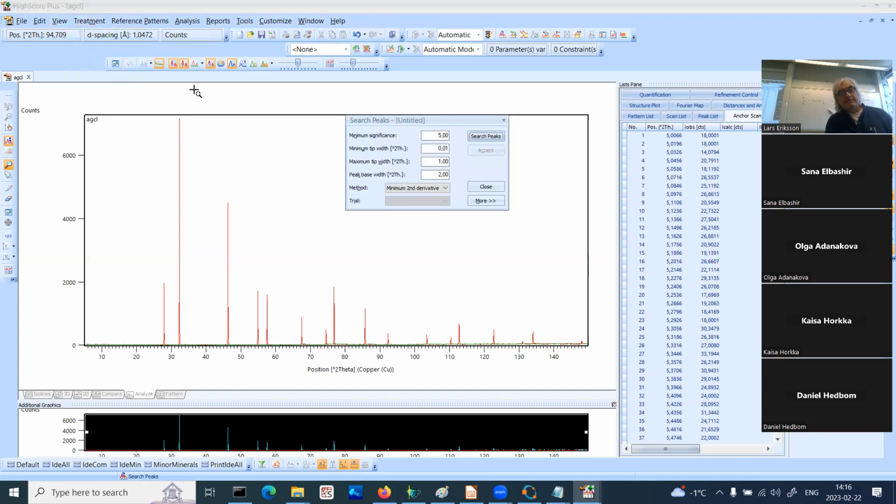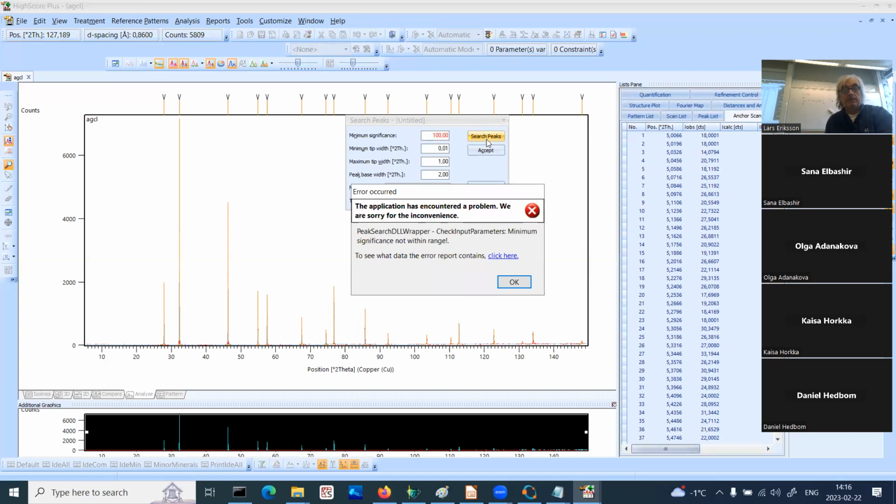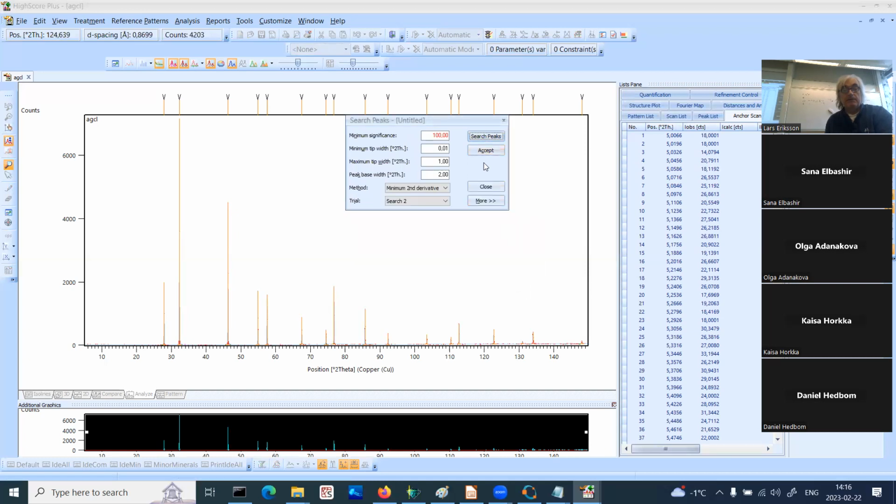Search peaks. There is a minimum significance, and I don't know what the 5 means, so let's try to search peaks. Is this reasonable? Yeah, why not, actually? If we put a much bigger value here, say 50, then there were a much lower amount of peaks.